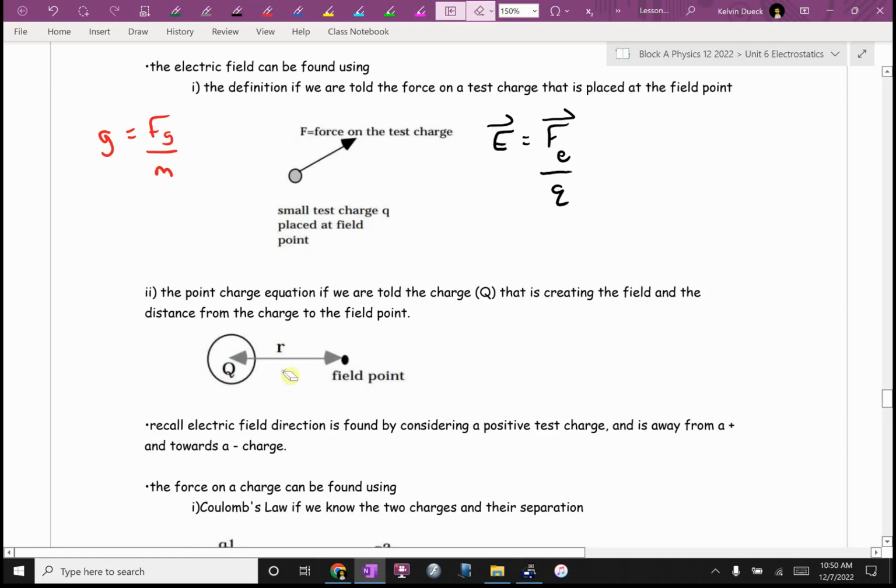We can also find it using the point charge equation if we're told the charge that's causing the electric field and how far away we are. That's the one that we just used. Electric field is equal to k big Q over r squared. Compare that with little g equals big G, big M over r squared.